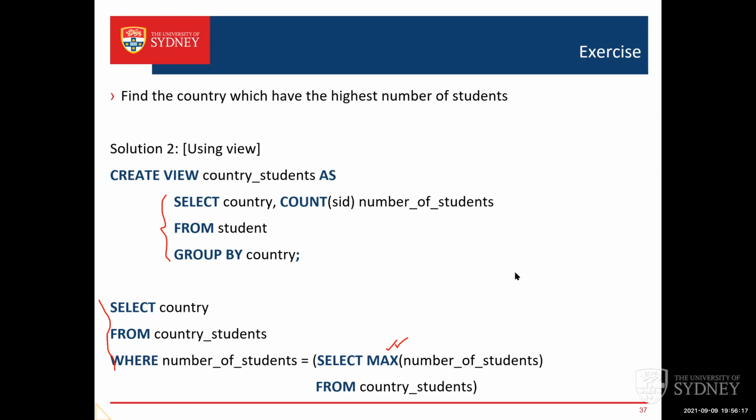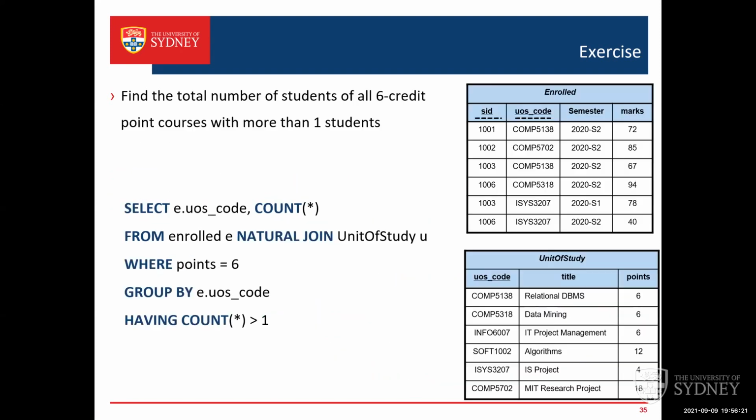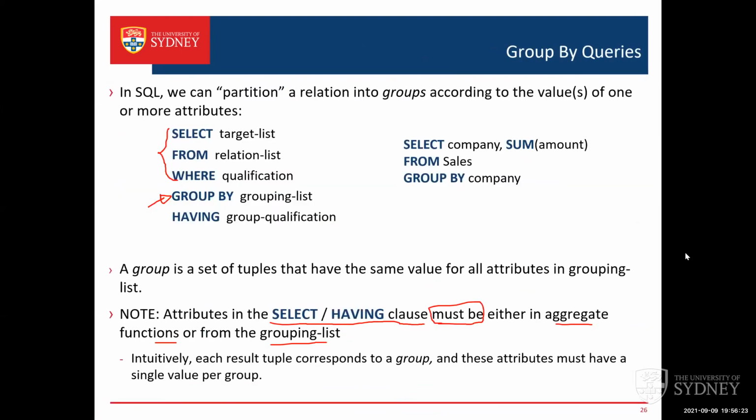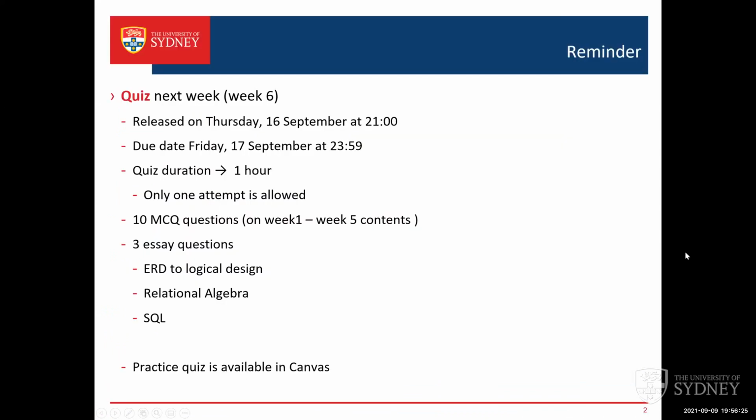For the quiz, relational algebra practice for week 4 content. Probably you missed the first part of this lecture, where we talked about what needs to be covered. ERD to logical design, relational algebra, and SQL for the essay questions, but for MCQ, everything we have learned from week 1 to week 5.